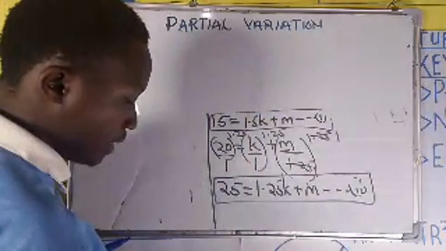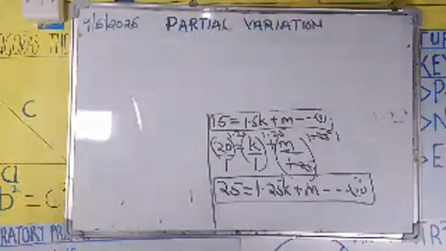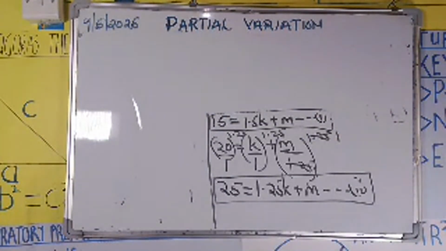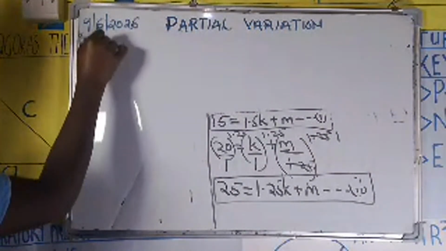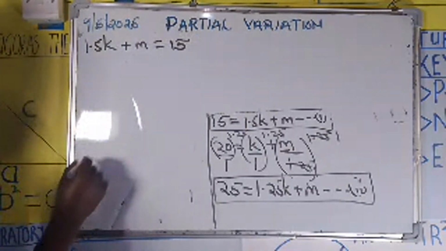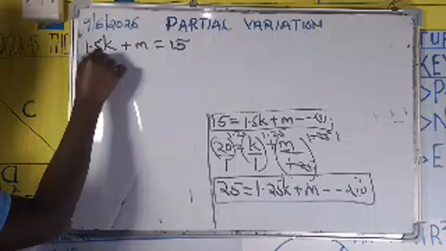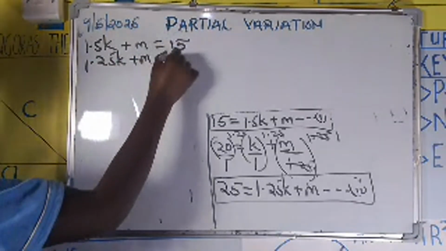So tutachukua ya kwanza, itakuwa 1.5k plus m is equals to 15. 1.25k plus m is equals to 25.